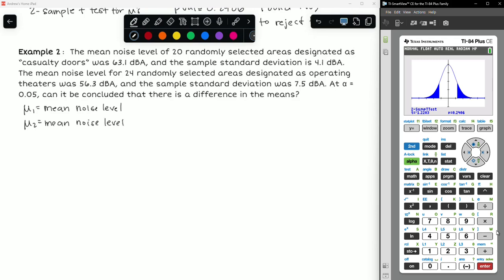So the first area that they mentioned was casualty doors, so mean noise level in casualty. And then the second area mentioned was operating theaters. So mean noise level in operating theaters.